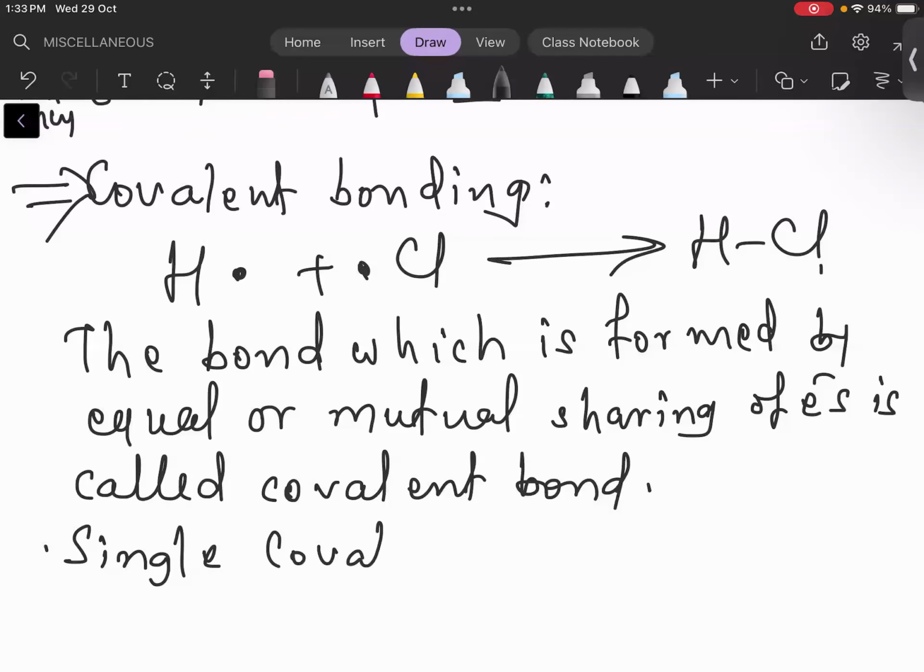Single covalent bond. What is a single covalent bond?